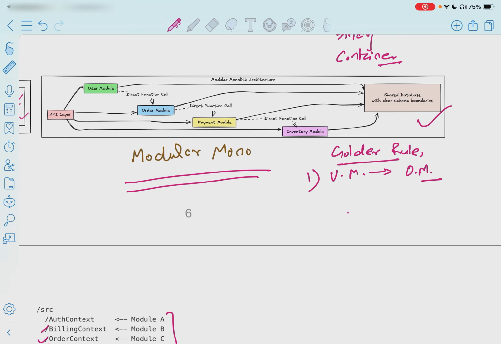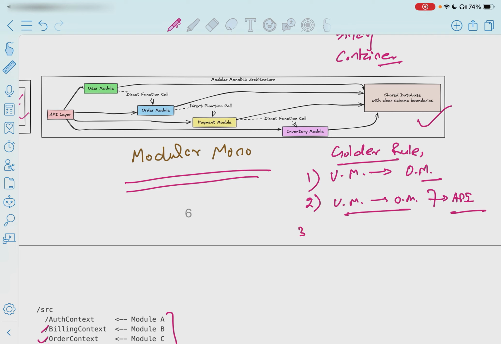So we are trying to remove the tight coupling here. The second rule is about the communication between the user module and order module. The communication between all of the modules should happen through API contracts. They can make function calls, but based on a predefined API contract.